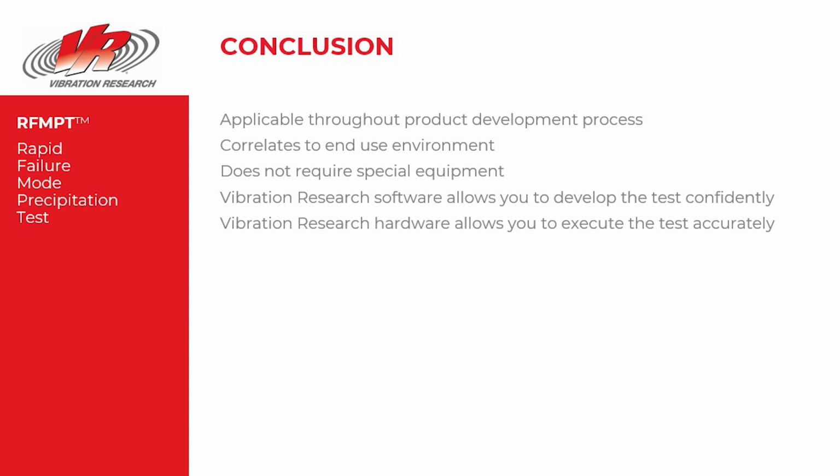So again, the idea here is to be able to use the equipment that you have in your lab in an optimal way with the environmental inputs available to you that make sense for your product, and to learn from that as quickly and as efficiently as we can, and to have a baseline for doing A to B comparisons. Vibration Research software allows you to develop the test confidently, and Vibration Research hardware allows you to execute the test accurately.